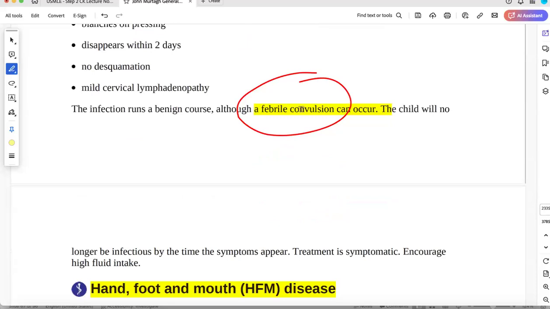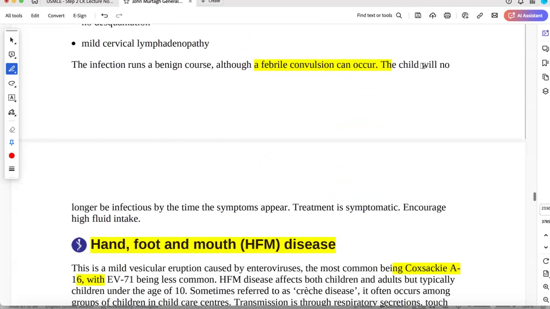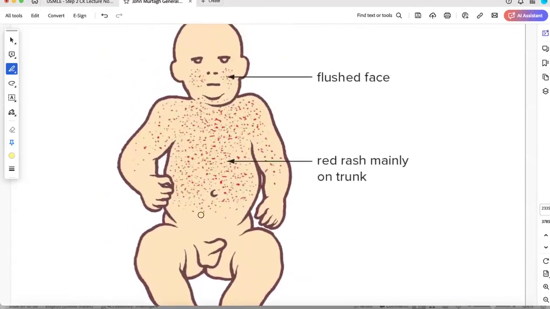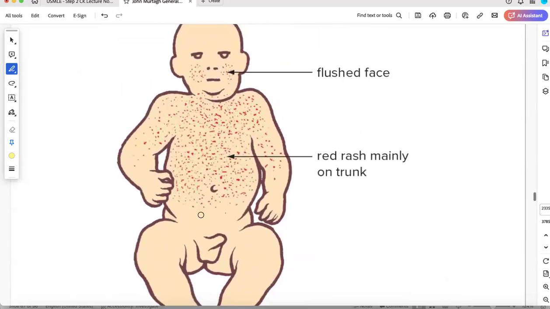Because the temperature can go as high as 40 degrees Celsius, sometimes this condition can be complicated by febrile convulsion. Now, the child will no longer be infectious by the time symptoms appear. So again, for the sixth disease or roseola infantum, there is no need for any school exclusion.